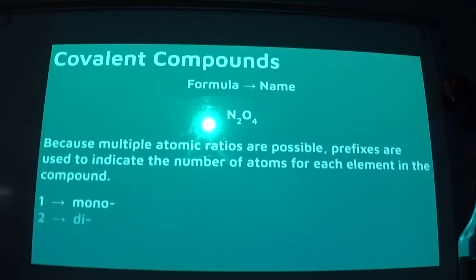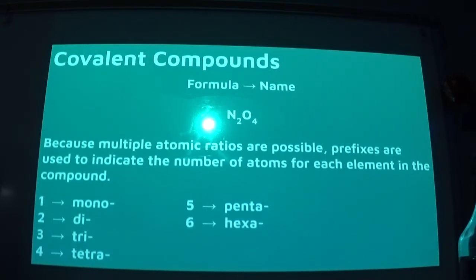What do you think 2 is? Di. What about 3? Tri. 4? Tetra. Quad is a good guess, but it's wrong. What about 5? Penta. 6? Hexa.